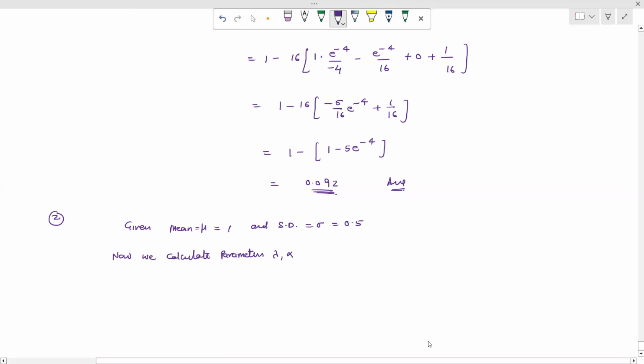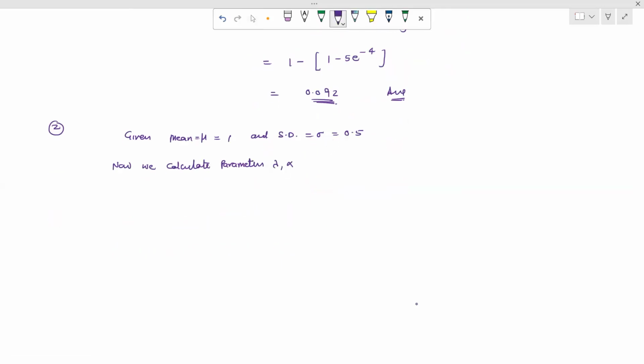The same thing we will use here also. What is the formula for mean? Mean mu is equal to alpha upon lambda, and standard deviation sigma is equal to root alpha upon lambda. You should know the difference between the symbols: this is the symbol for gamma, and this is the symbol for root. Okay, so you differentiate. So here we write down the values of mu and sigma.